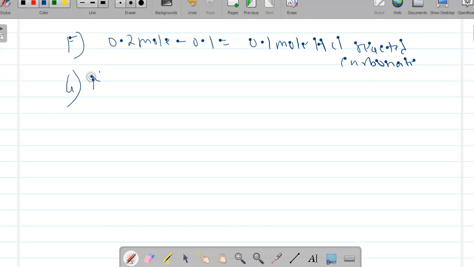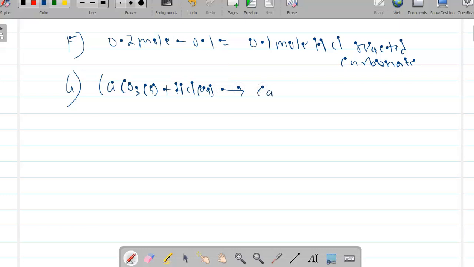To get the number of moles of the carbonate used, you react calcium carbonate solid plus hydrochloric acid aqueous. What do we get?